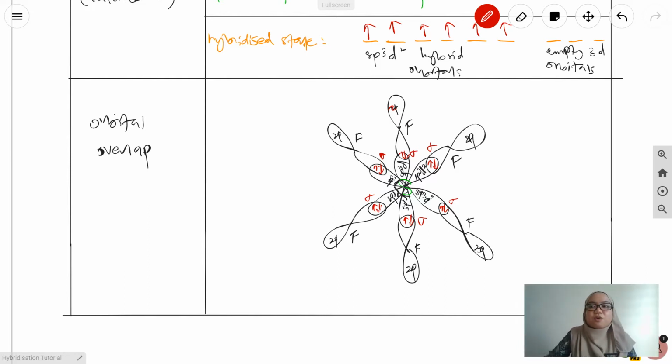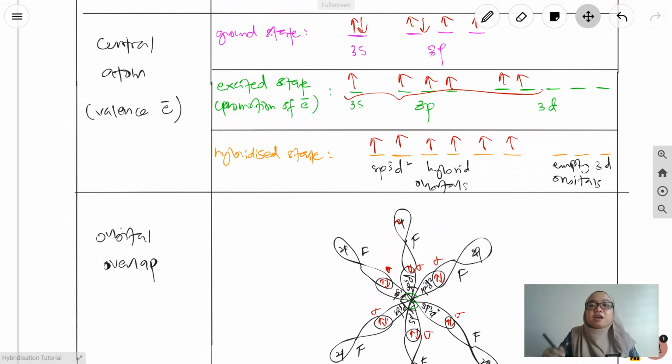Okay, so I have covered everything in chapter 4.3. I have covered the bonds formed in the molecule. We know we form sigma and pi bonds, and I have explained how to form the sigma and pi bonds. And on the hybridization part, I have explained there are 5 types of hybridized orbitals, which are sp, sp2, sp3, sp3d, sp3d2 orbitals, and I have explained step by step how to describe the hybridization process.